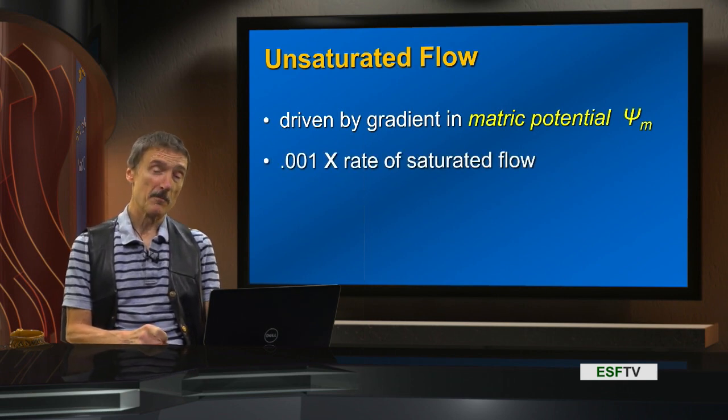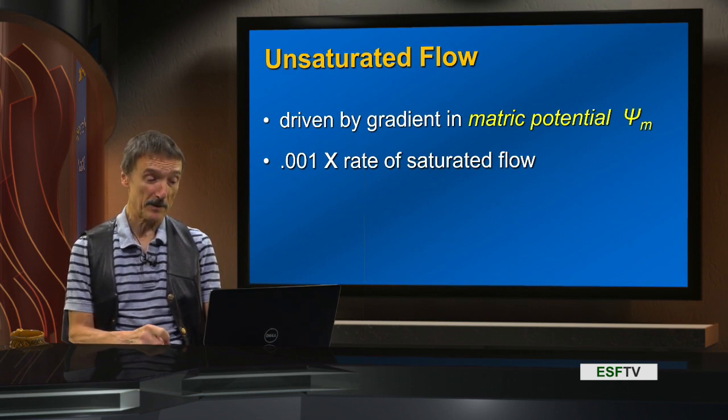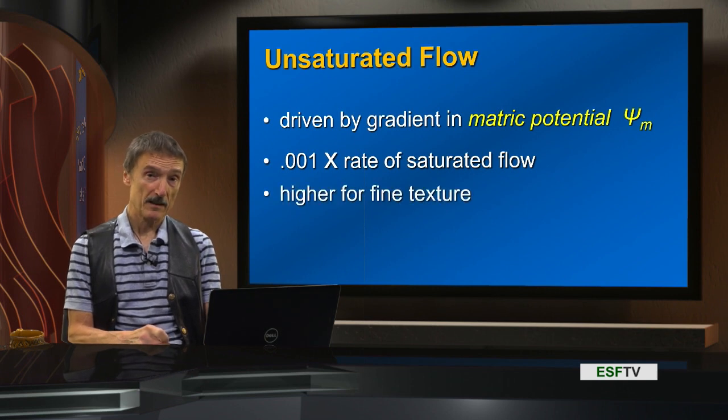And this is a much slower, smaller amount of material moving. It's about 1,000th the rate of saturated flow. So this is an order of magnitude difference of 3. That's substantial. It doesn't make it unimportant, it just makes it a different scale.